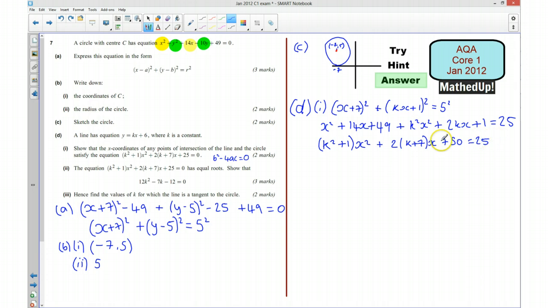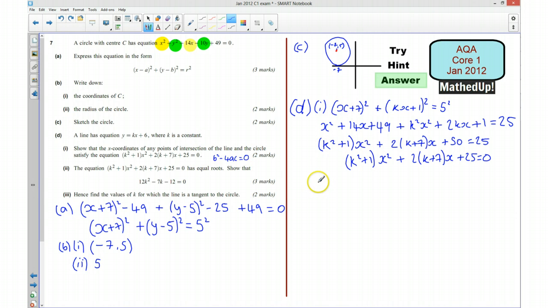I'm now going to subtract 25 from both sides, so that's going to tell me that I've got (k² + 1)x² + 2(k + 7)x + 25 = 0, which is what we've got over here.